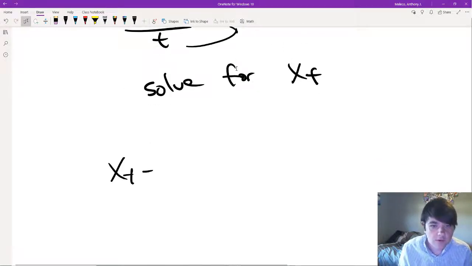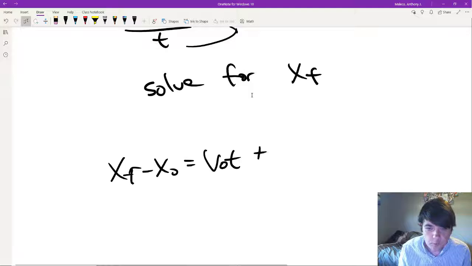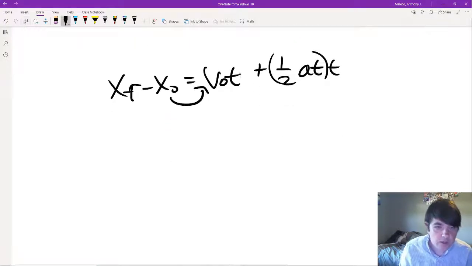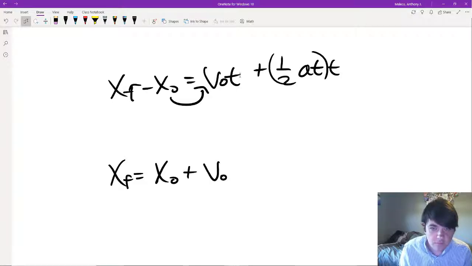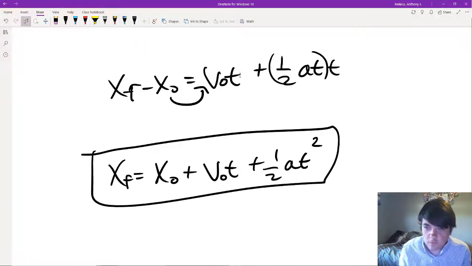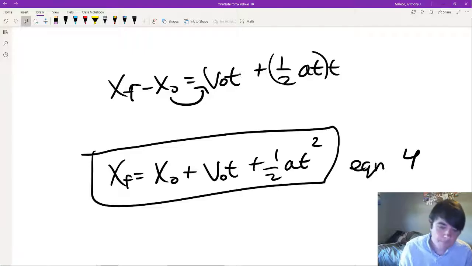So x final minus x initial equals v initial times t plus 1/2 at times t again, which will be 1/2 at squared, and now we're just going to add this guy over as well. So we're going to get x final equals x initial plus v naught t plus 1/2 at squared. And this is equation 4.